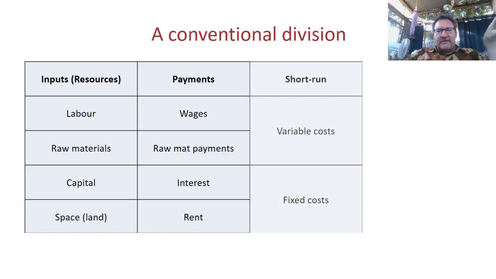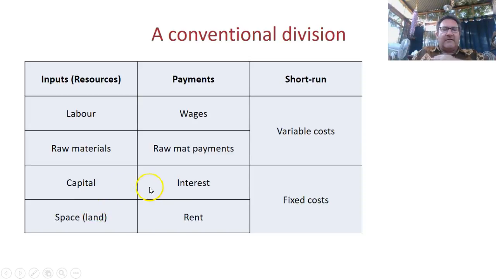So a conventional division in the short run is this, that labour and raw materials are variable inputs, and so the payments for those, or the costs of employing those inputs, are called variable costs.